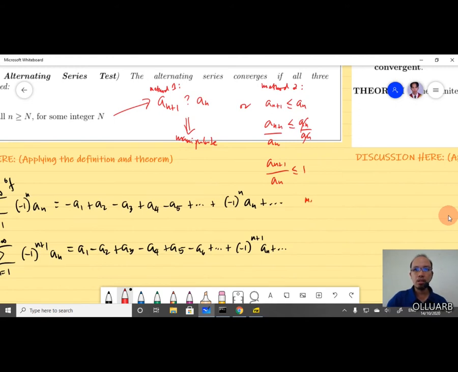Method number 3 is you can let the sequence be this notation, we know that a sequence is a function.